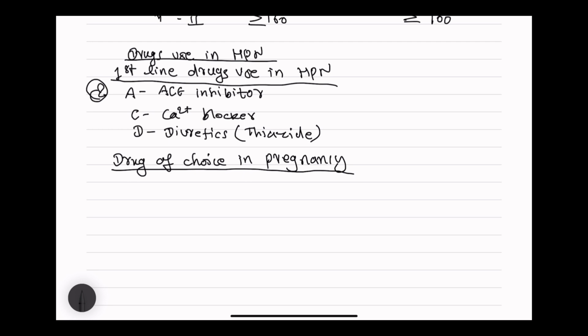In pregnancy according to the JNC 8, they first recommended methyldopa. This is according to the JNC, and I will also discuss what they recommended according to Harrison.